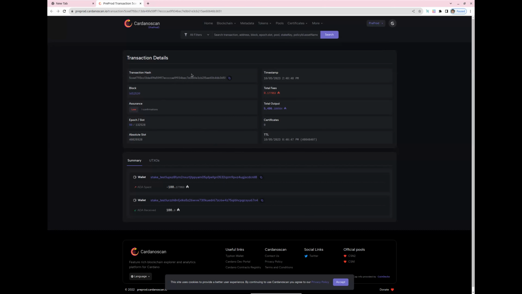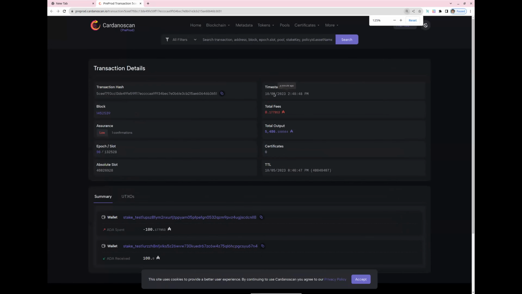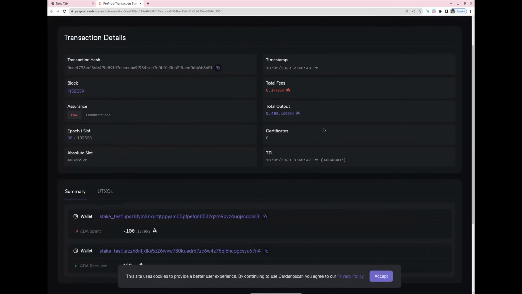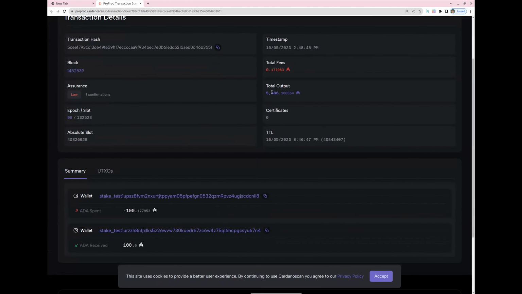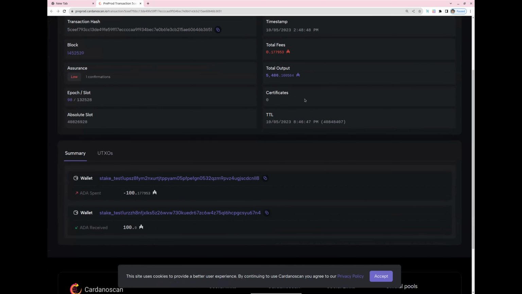The transaction hash, in which block it is. Cardano has these epochs that last 5 days. So this is the timestamp, the fees I paid, maybe I can make it bigger, 0.17 ADA. Oh, this is also interesting. Total output 5,486. We'll look at that in a second. That sounds a bit weird, right?